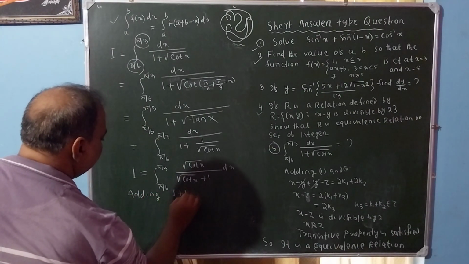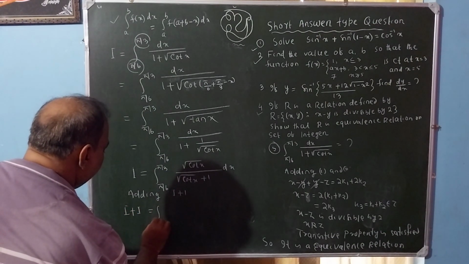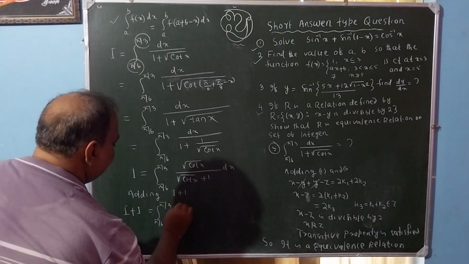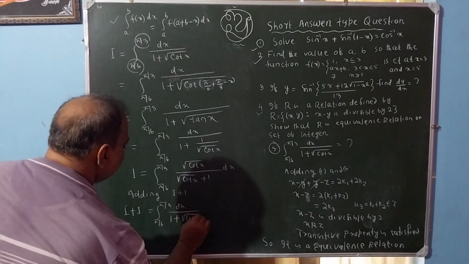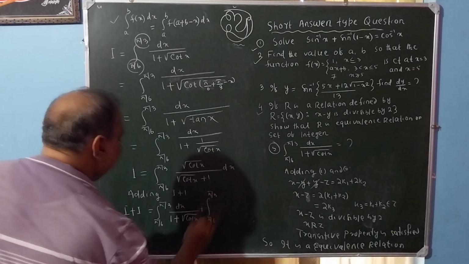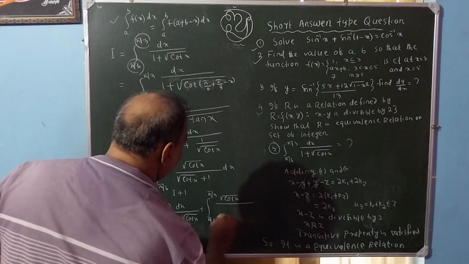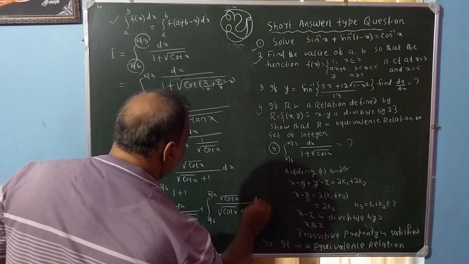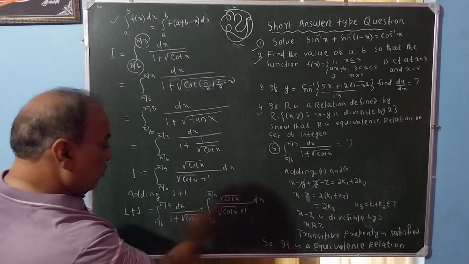I plus I is equal to integration from pi by 6 to pi by 3 dx by 1 plus root over cot x, plus pi by 6 to pi by 3 root over cot x divided by root over cot x plus 1 into dx. So denominator same, numerator will be added.